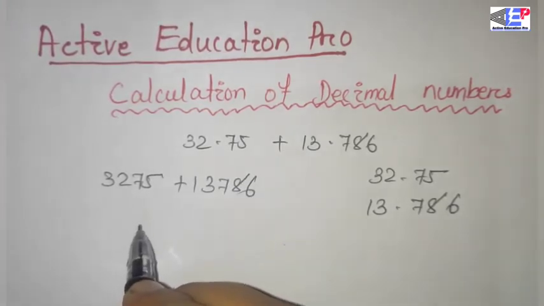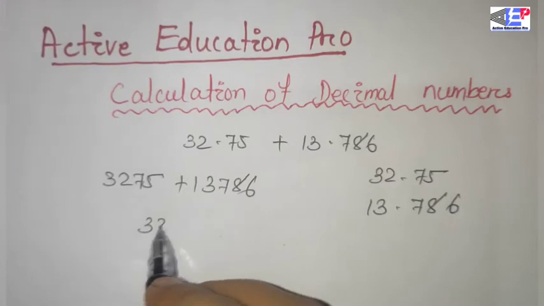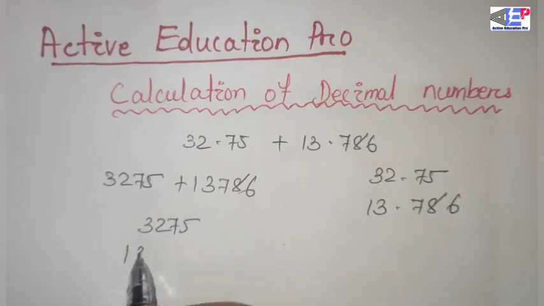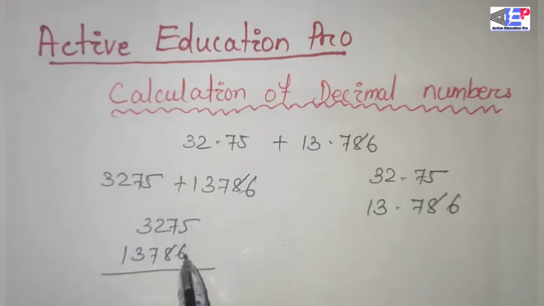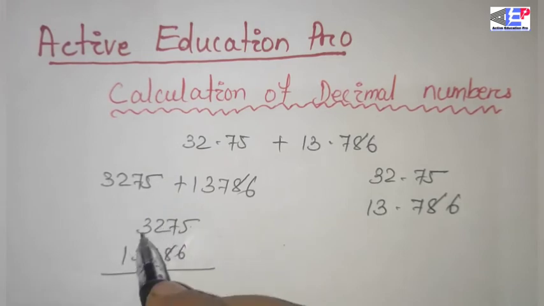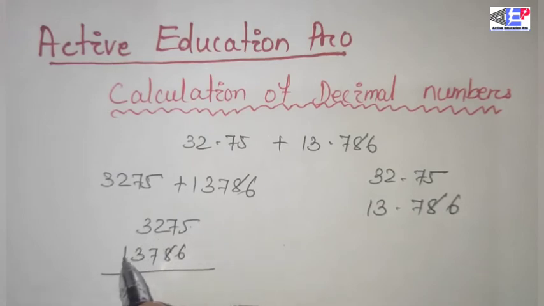You know how you write them: both 5 and 6 are at the one place, so write them vertically. 7 and 8 are at the 10th place, written vertically. 2 and 7 are at the 100 place, written vertically. And both 3s are at the 1000 place, written vertically downwards. And this one is the 10,000 place.